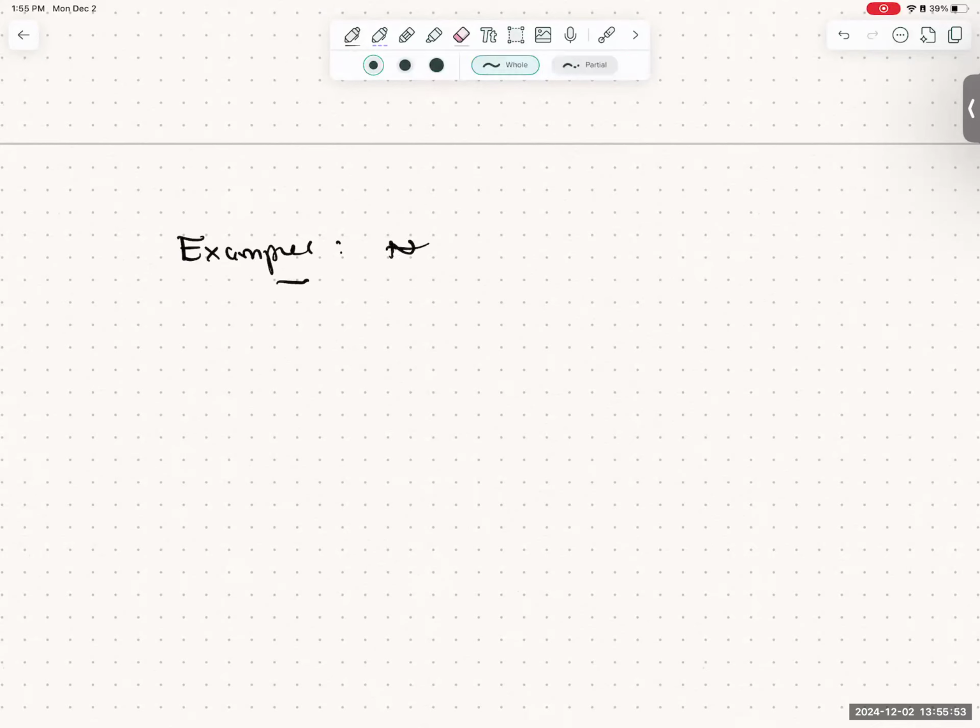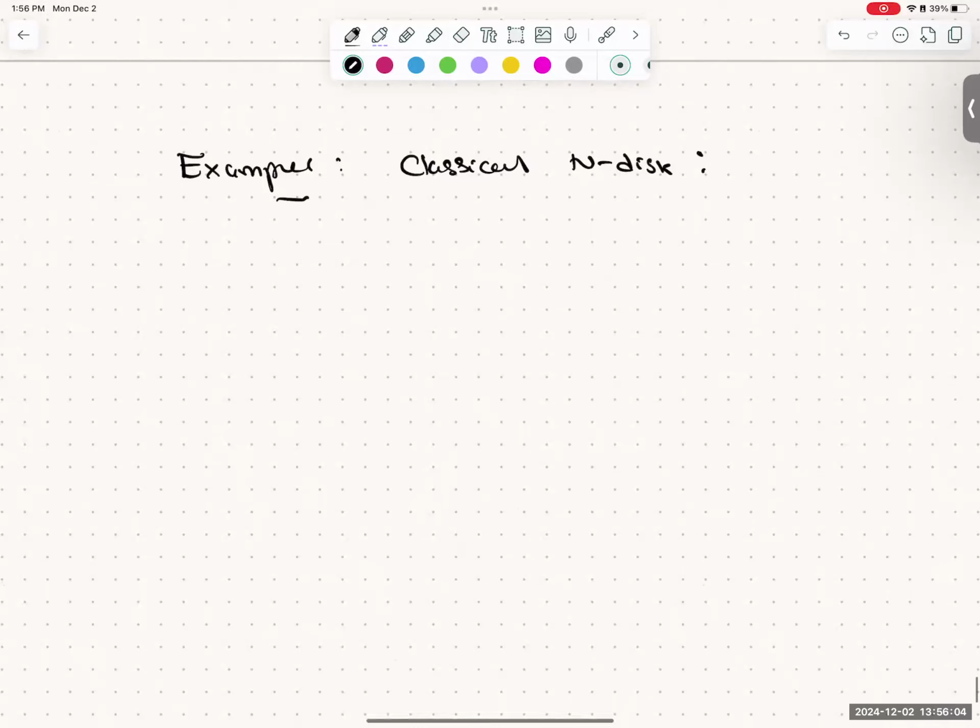So there are some simple examples. These are the classical n-disks. For example, we know that a simplex is classical, non-contextual, and if I glue another two simplex along a common face, this edge right here, then you have that this is also classical or non-contextual.